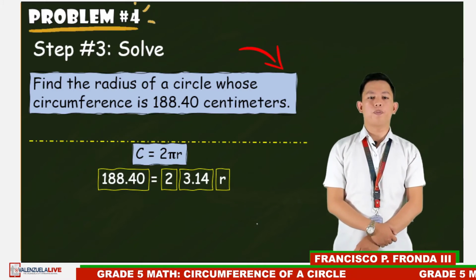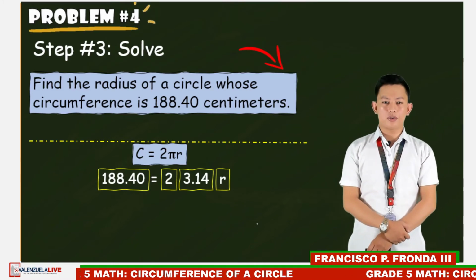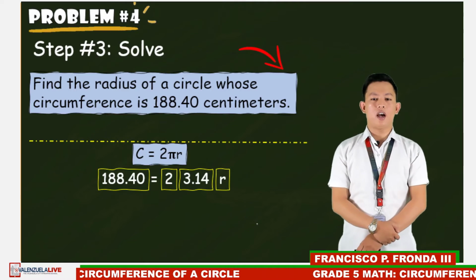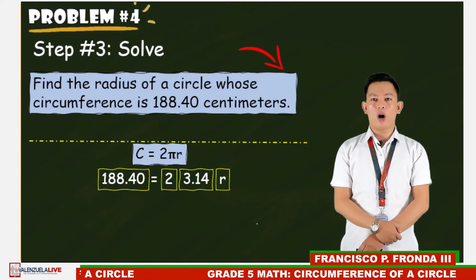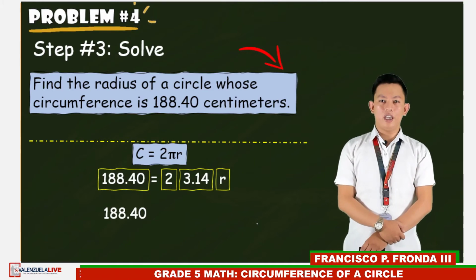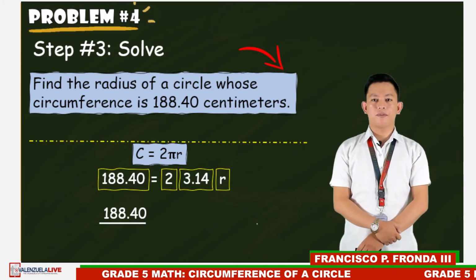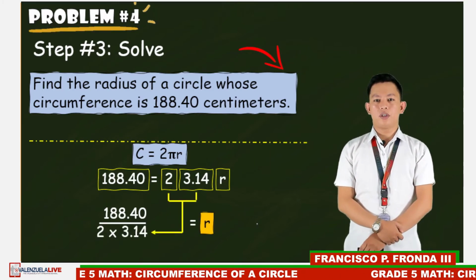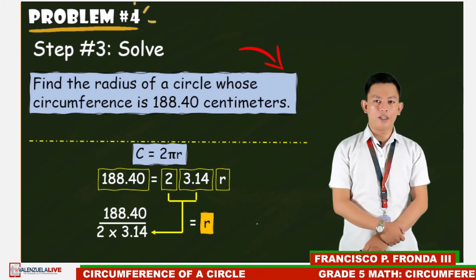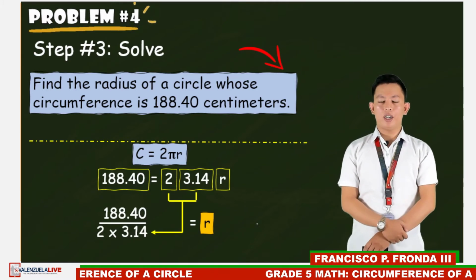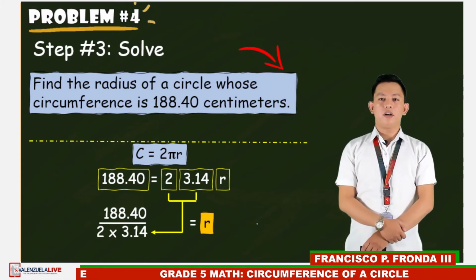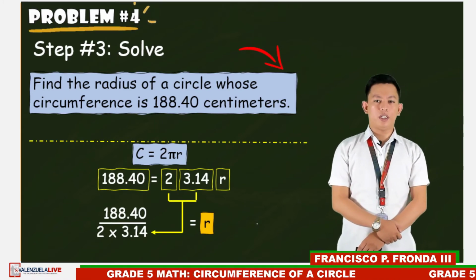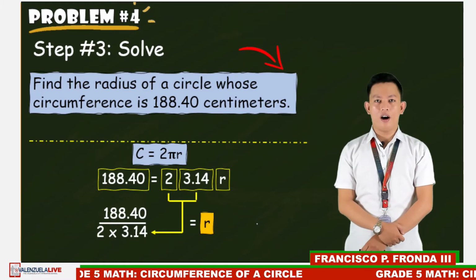Since we're going to find the value of the radius, we need to divide 188 and 40 hundredths by the product of 2 and 3.14. So, we have now 188 and 40 hundredths over 2 times the value of pi, 3.14, is equal to r.